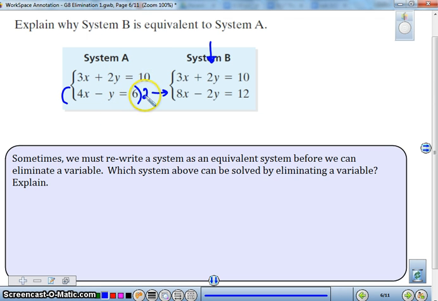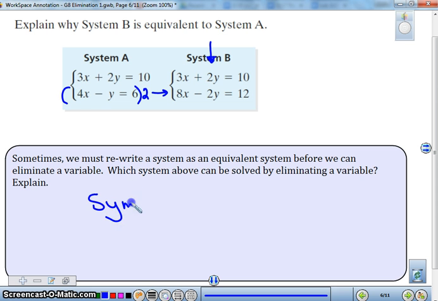Remember, it is called elimination. We want to get rid of something. So here, if I'm looking, I can now add these. So sometimes we rewrite equivalent systems before we can eliminate. Which system above can elimination be done?